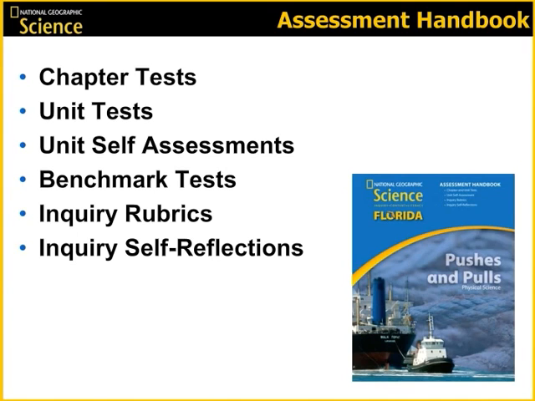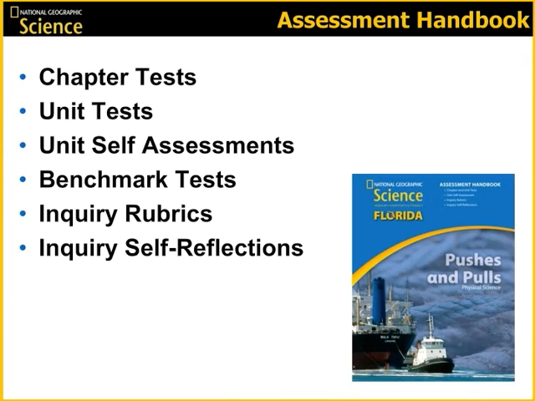We'll begin with the Assessment Handbook. The Assessment Handbook for each unit includes chapter tests, unit tests, unit self-assessments, and benchmark tests. The National Geographic Science assessments have been designed so that frequent, varied assessment informs instruction every step of the way.